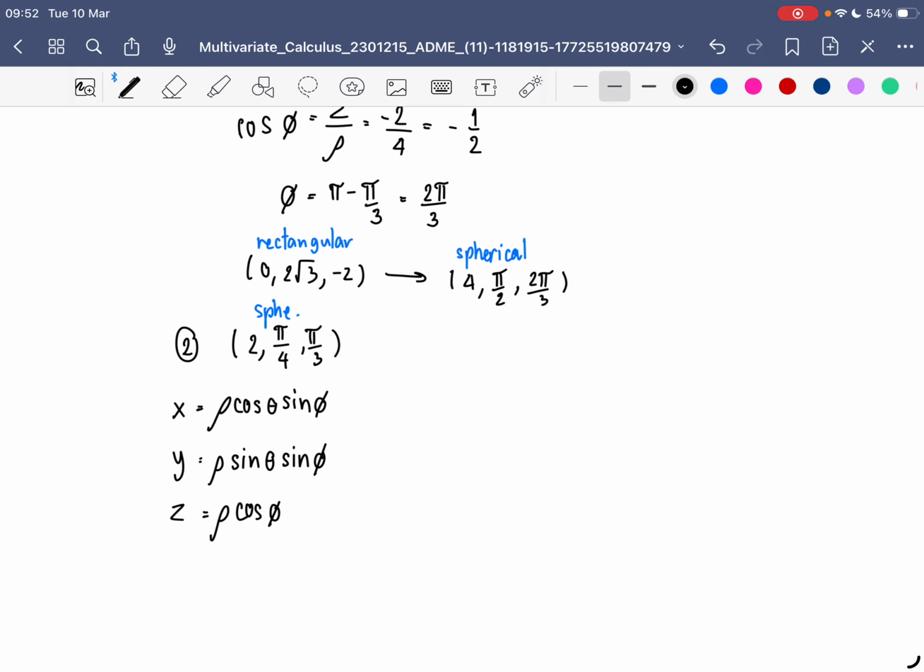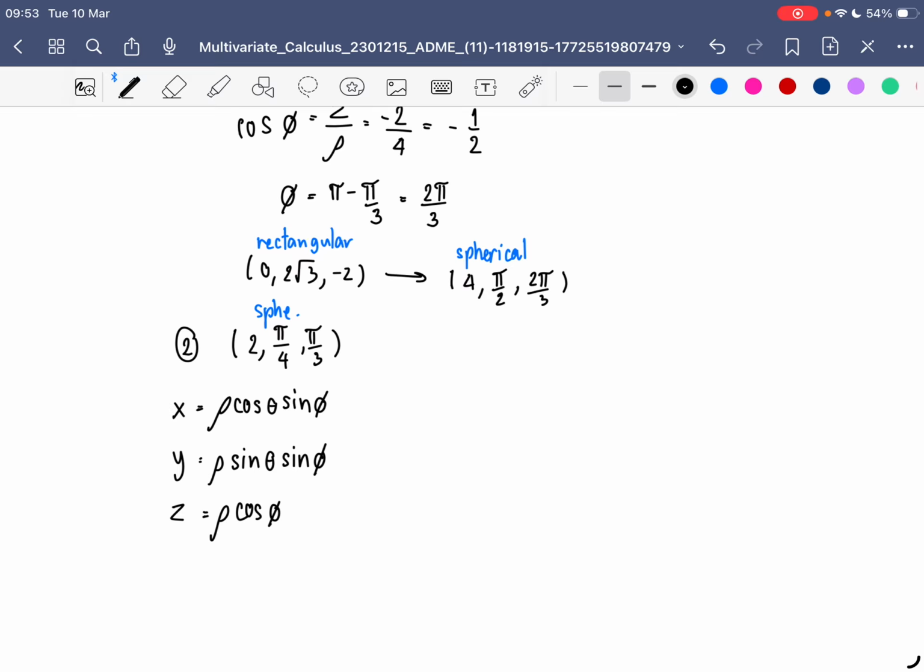So this is spherical, so it corresponds to rho, theta, phi, right? Rho, theta, phi. Well, I write it like swap from this, but you know they're the same, right? This I write as rho sine phi cos theta.